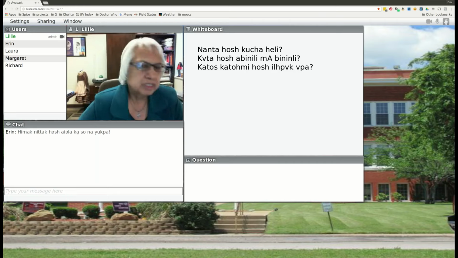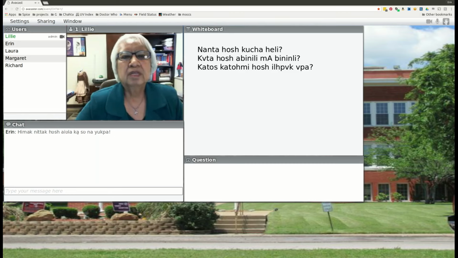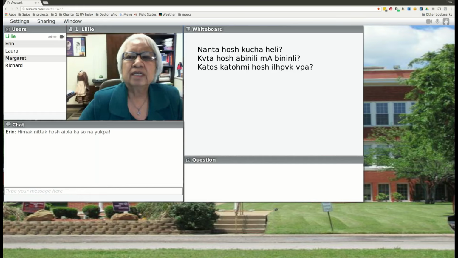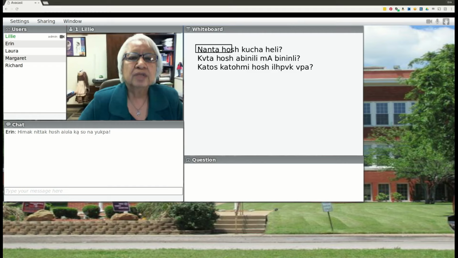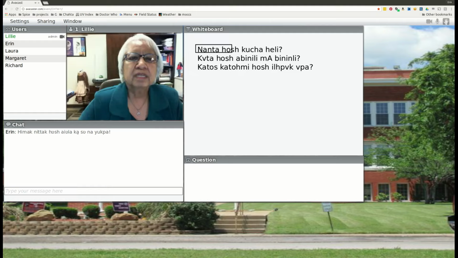Okay, examples using katohme. Nata and kata and katohme. Natahosh kuchahele. Clearly, nata is the subject of the sentence. Katahosh abanili mabanili.